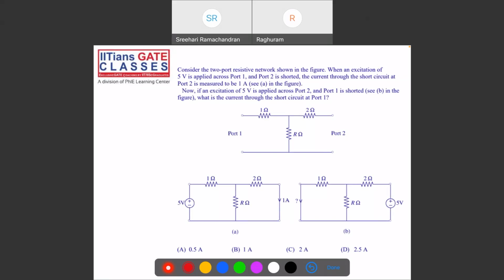When the excitation of 5 volt is applied across port 1 and port 2 is shorted, the current through the short circuit at port 2 is measured to be 1 amp. If now an excitation of 5 volts is applied at port 2, port 1 is shorted, what is the current through the short circuit at port 1? This is the question.